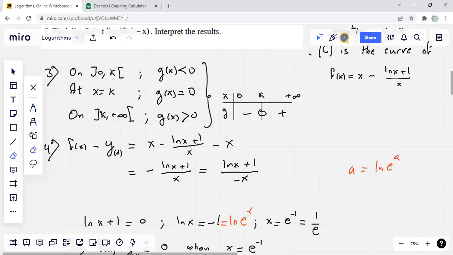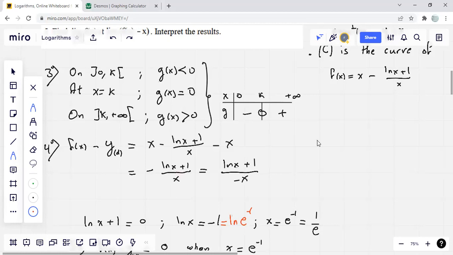So instead of minus 1, I put ln e to the power minus 1, and I get that ln x is equal to this ln. It means that x is equal to e to the power minus 1. E to the power minus 1 is simply 1 over e.